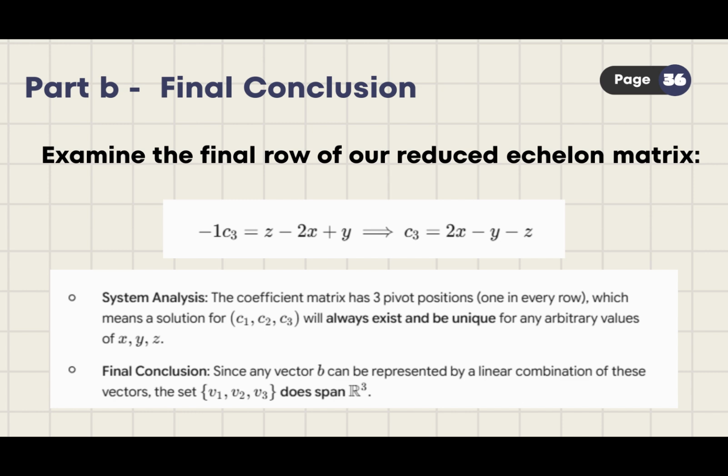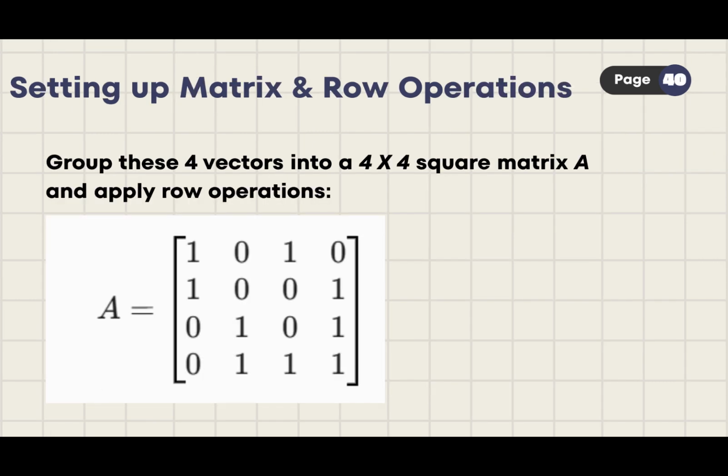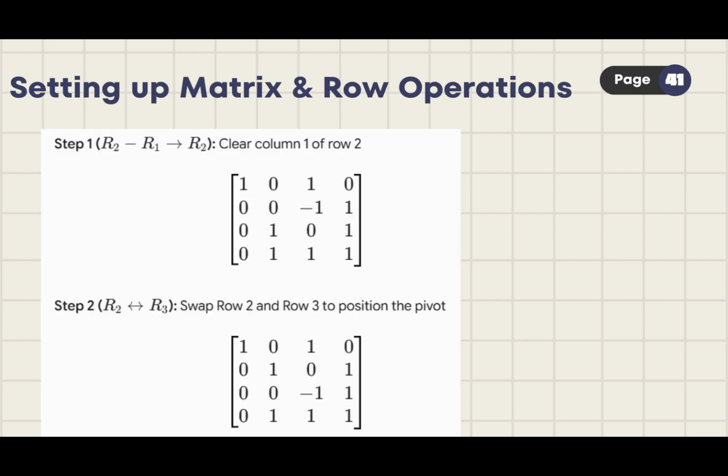We first use the pivot in the first row to eliminate the entries below it. Next, we continue the row operations until the matrix reaches echelon form. After the row reduction, we observe the final matrix. We can see that every column contains a pivot position, and there are no free variables.